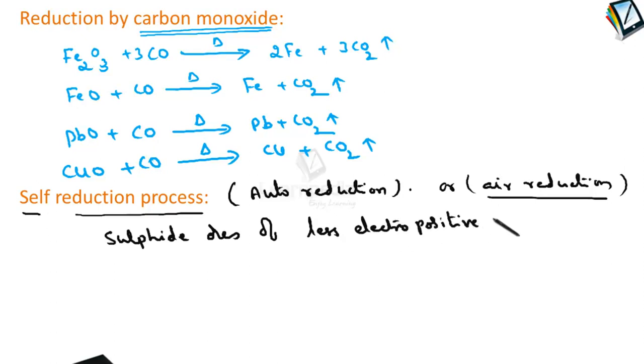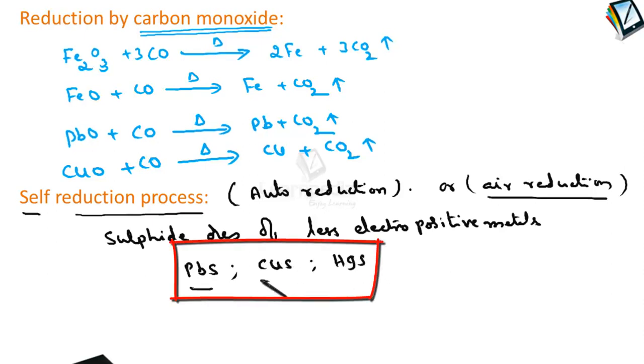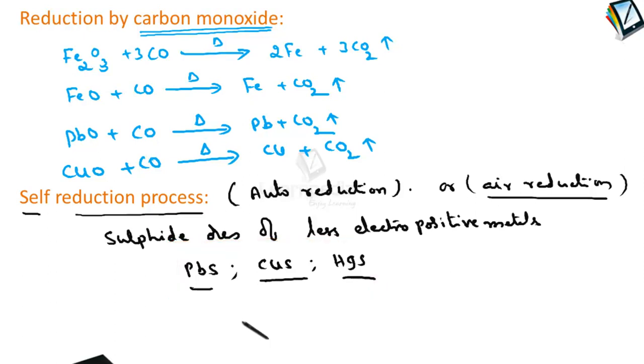What are the less electropositive metals? These are like lead, copper, mercury. So when we take lead sulfide, galena, copper sulfide, and mercuric sulfide, cinnabar, such ores undergo self-reduction. That is, no external reducing agent will be added but they can be reduced to give the corresponding metals.